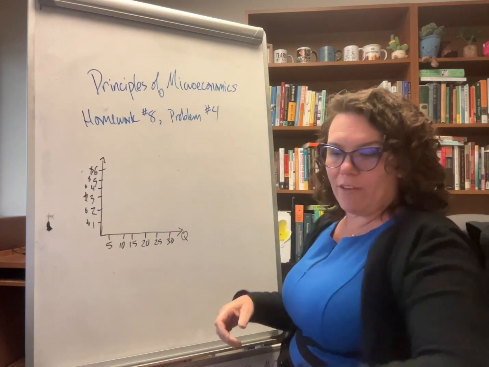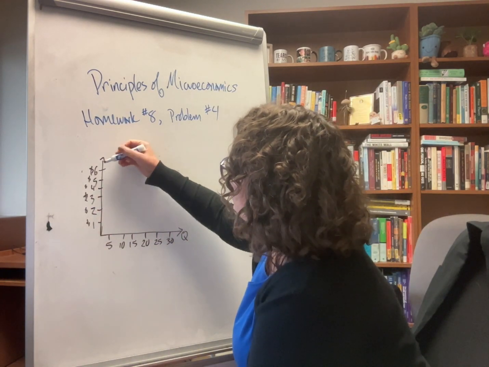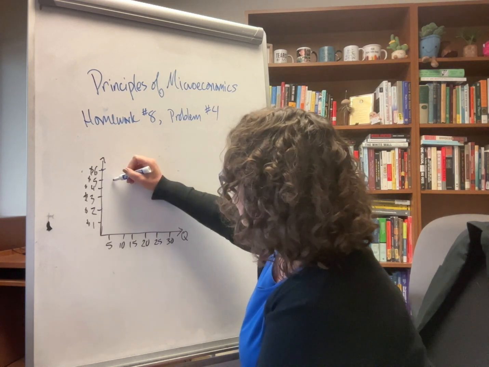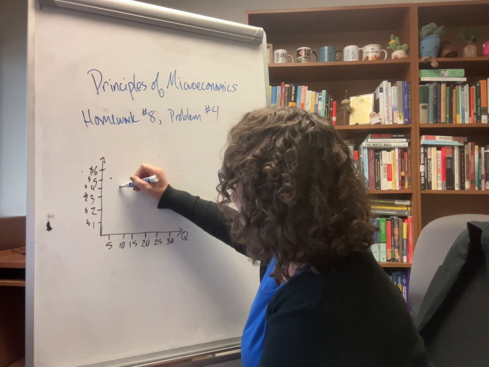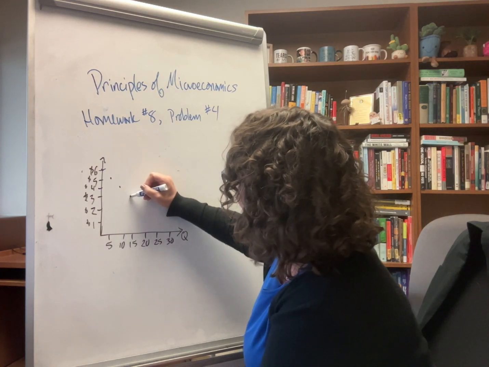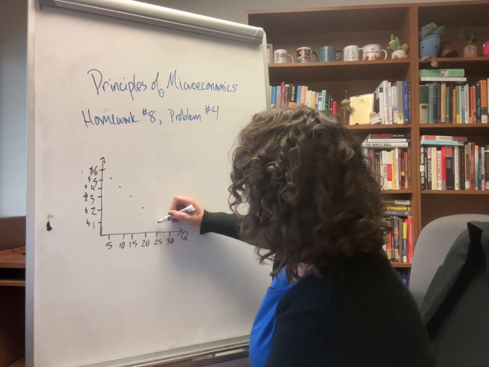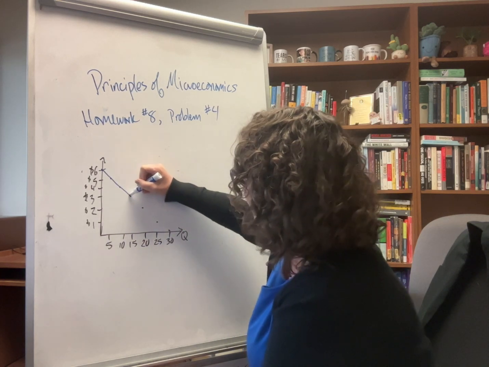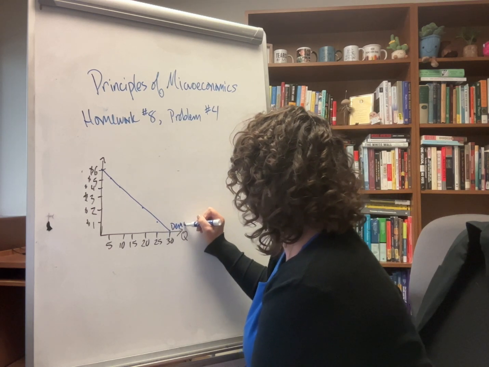And then I can graph market demand and market supply. Market demand is going to be 0 gallons at $6, 5 gallons at $5, 10 gallons at $4, 15 gallons at $3, 20 gallons at $2, 25 gallons at $1, and if it was free, the market would demand 30. So that's our demand curve.